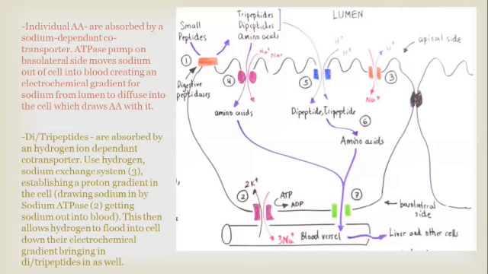The ATPase pump on the basolateral side moves sodium out of the cell into the blood, creating an electrochemical gradient for sodium from the lumen to diffuse into the cell, which draws amino acid with it. Di- and tripeptides are absorbed by a hydrogen ion-dependent cotransporter using hydrogen-sodium exchange.